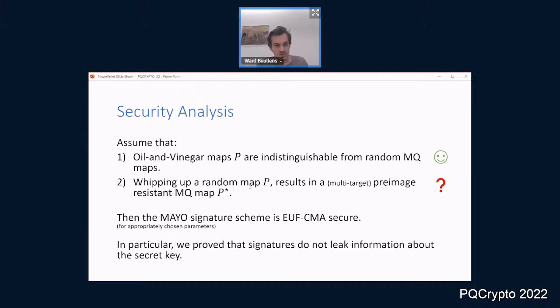Right, and under this assumption, you can prove that the Mayo signature scheme is unforgeable, and in particular, we can prove that by signing messages, you don't leak information about the secret key.